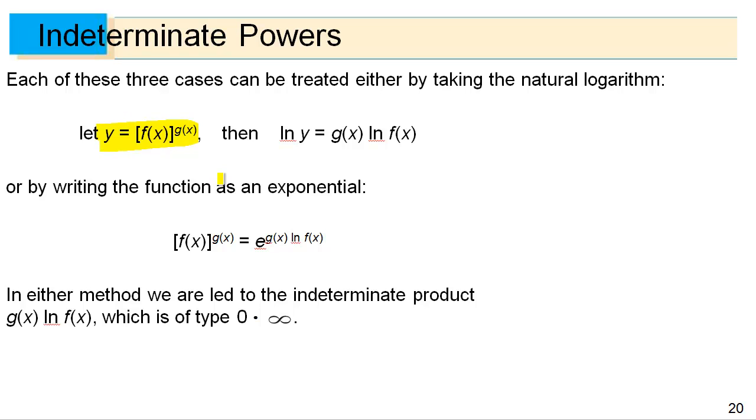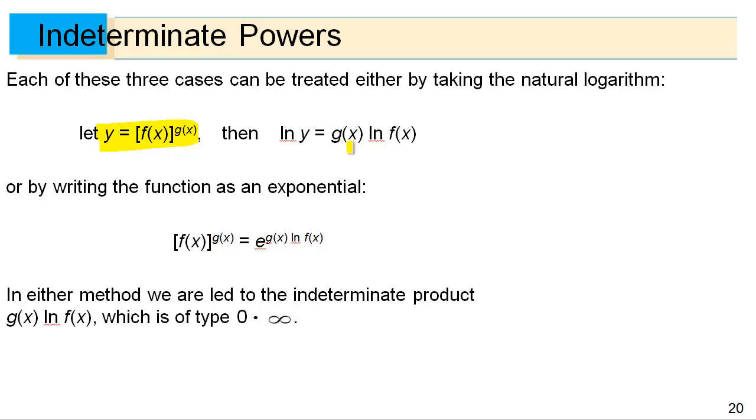We're just going to call it y. Then you take the natural log of both sides, and that says the natural log of your answer is just going to be g of x times the natural log of f of x. We can also write the function as an exponential, and that can help us with other things.